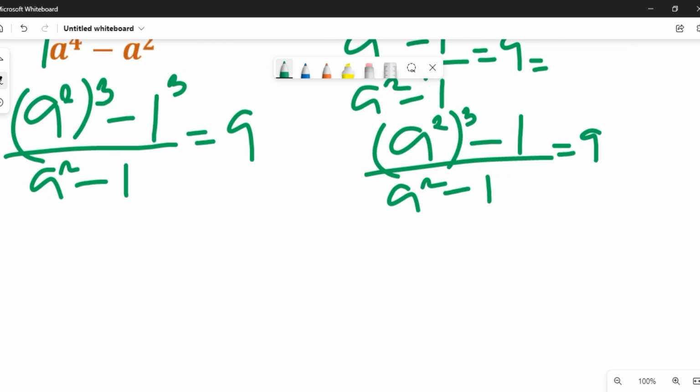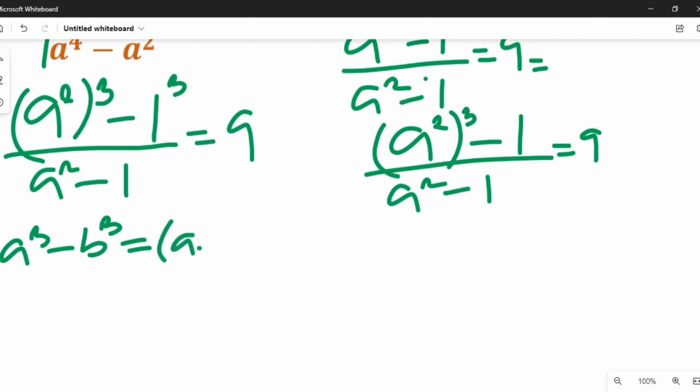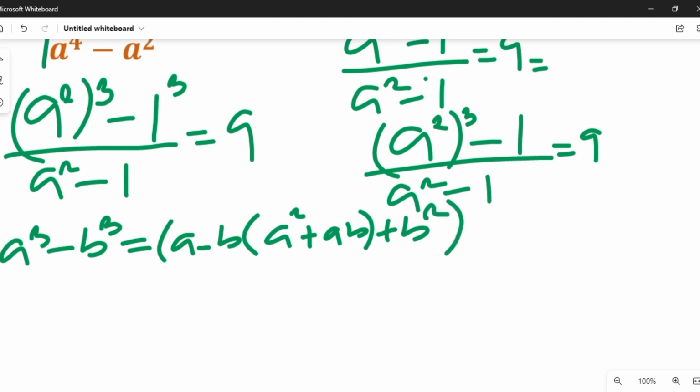Now you'll note that we have a common power here, and that reminds us of an algebraic formula: a raised to power 3 minus b raised to power 3 gives us (a minus b) times (a square plus ab plus b square). If we apply it here, our a square will be equal to a, and our 1 will be equal to b.